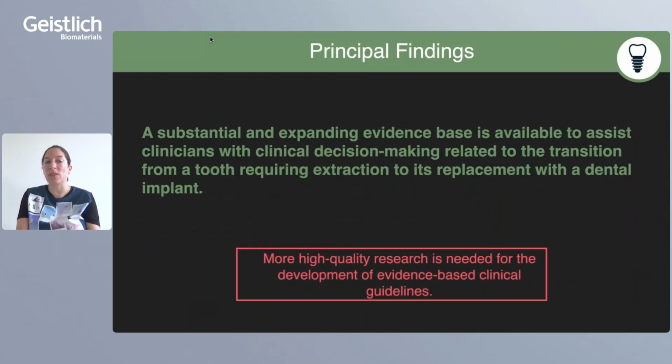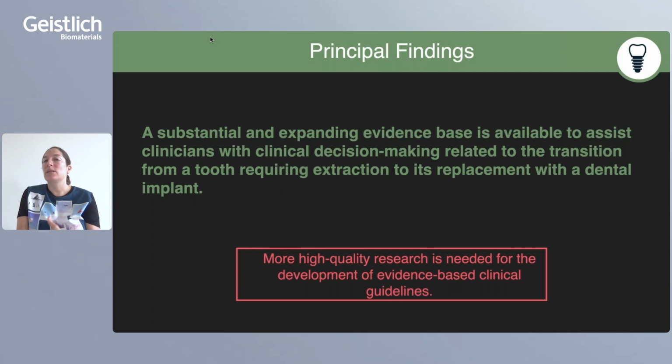But the principal findings were that a substantial and, good for us, expanding evidence base is available to assist us clinicians in decision making related to the transition from a tooth extraction to its replacement with a dental implant.